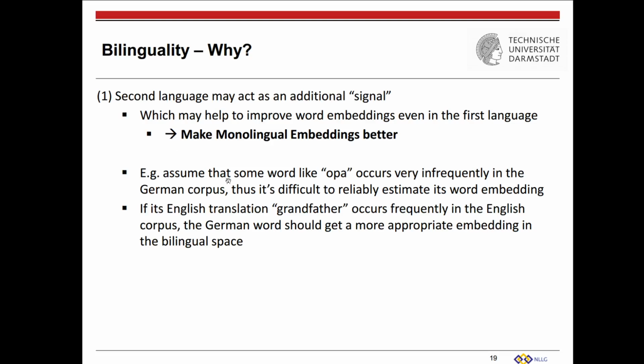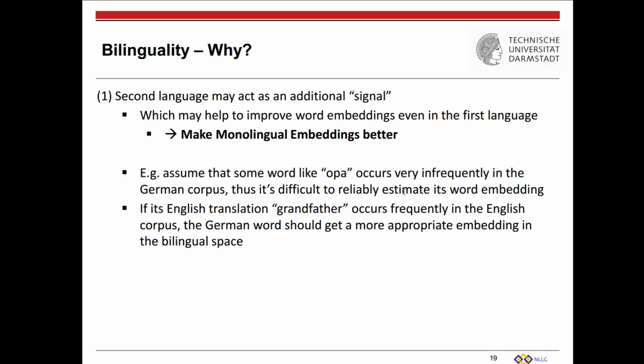To illustrate, let's assume that a word like Opa occurs very infrequently in the German corpus, maybe because the German corpus is also very small. Because it occurs very rarely, let's say only 2 or 3 times, you have a case of small data and unreliable statistics, so to speak.